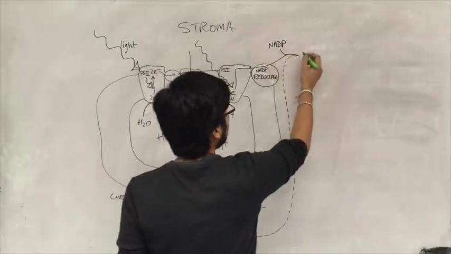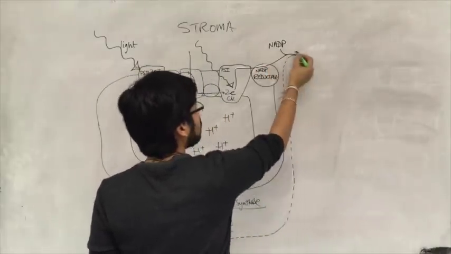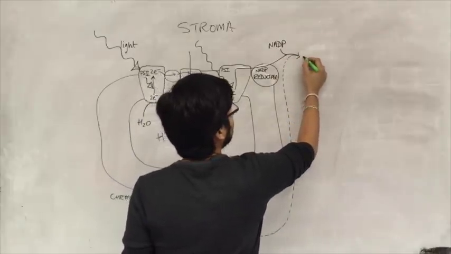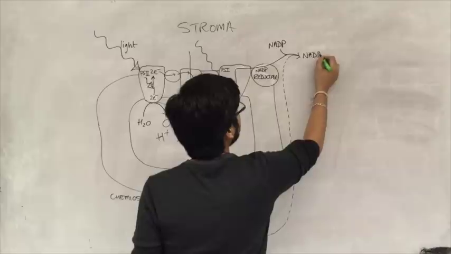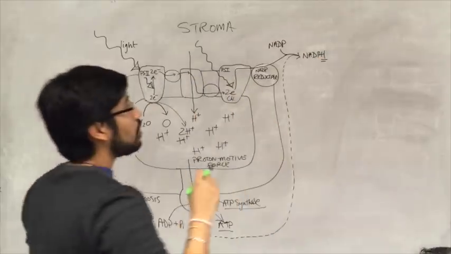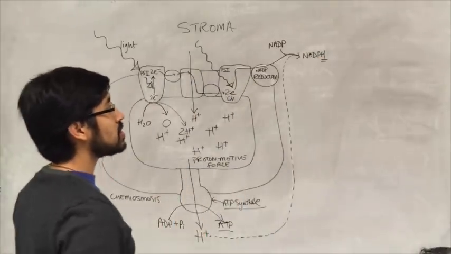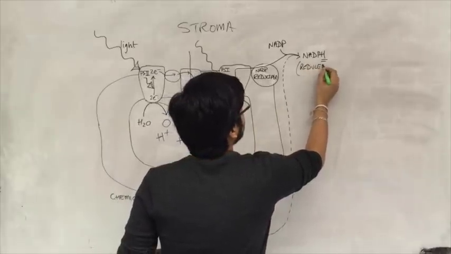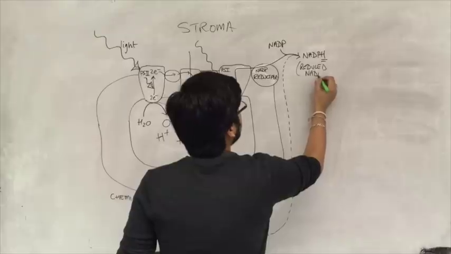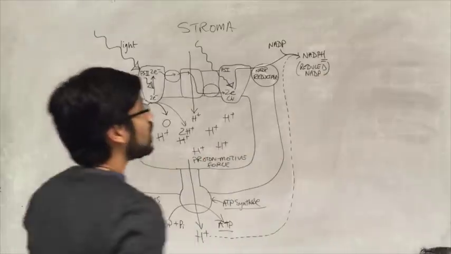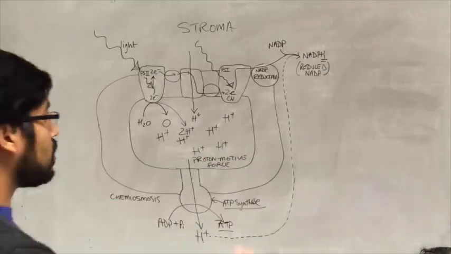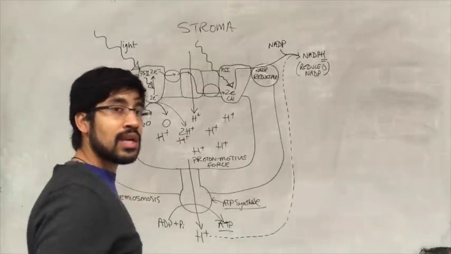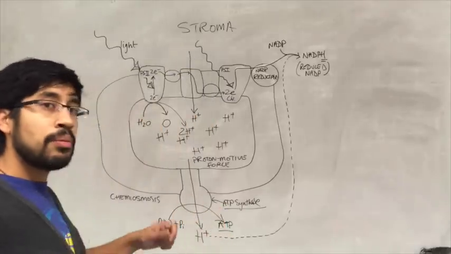So NADP combined with electrons and protons gives us NADPH, otherwise known as reduced NADP. Okay, and remember that was the other thing that we needed to generate from the light-dependent stage.